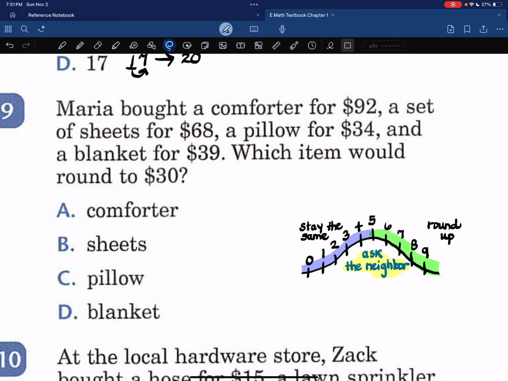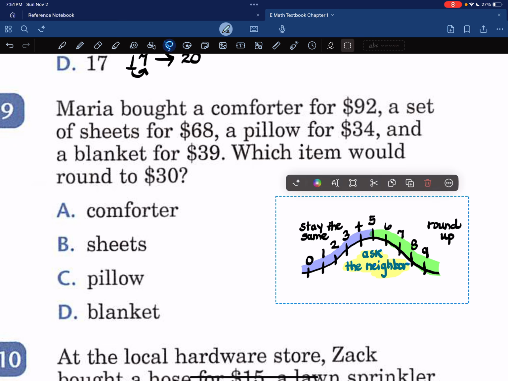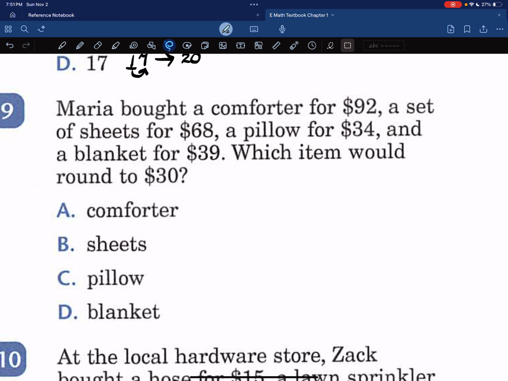I'm going to take this out because I need some room, I think. This is a word problem, so I'm going to follow that procedure that I showed you in earlier lessons. Maria bought a comforter for $92, a set of sheets for $68, a pillow for $34, and a blanket for $39.